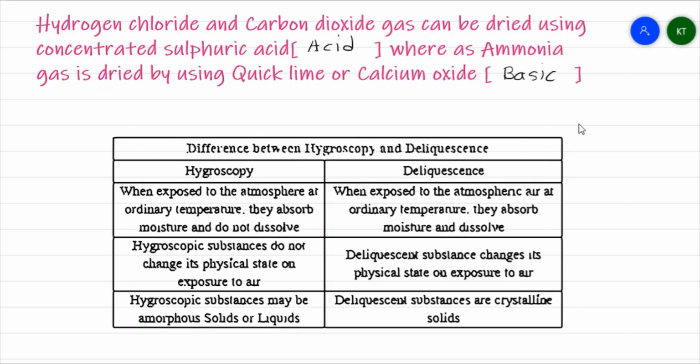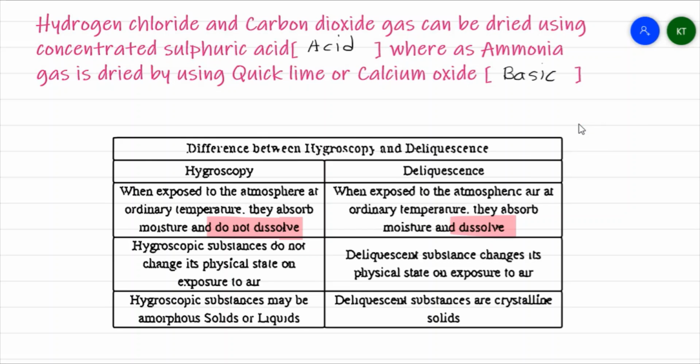Primarily, both absorb moisture at room temperature or ordinary temperature, but hygroscopic substances do not dissolve, whereas deliquescent substances dissolve in the moisture absorbed to form a saturated solution.